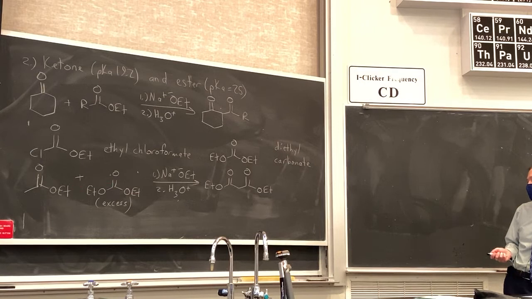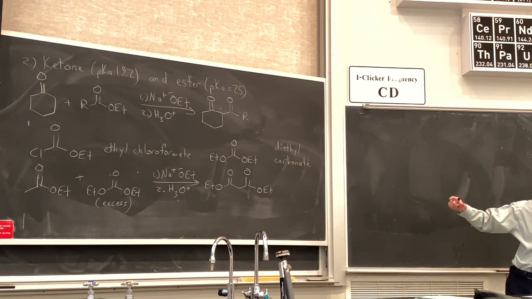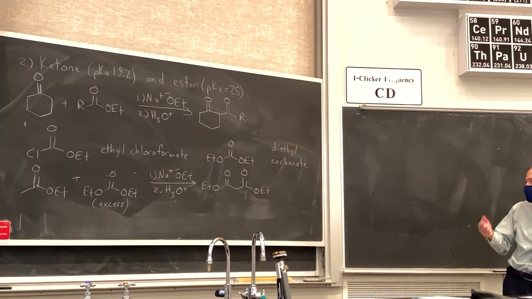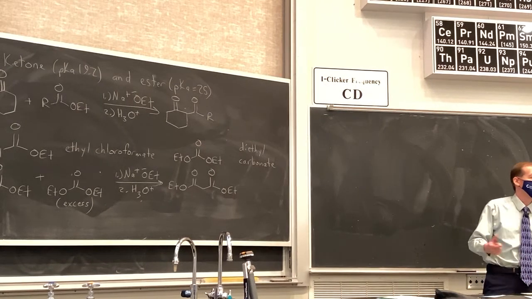Okay, a crossed Claisen reaction between ethyl acetate and this diethyl carbonate. Okay, and of course we need our acid. Our ethoxide leaves. That ethoxide deprotonates here, giving us the enolate. And then if we don't want the enolate, if we want the 1,3-diester, we have to add the acid in order for that to work.